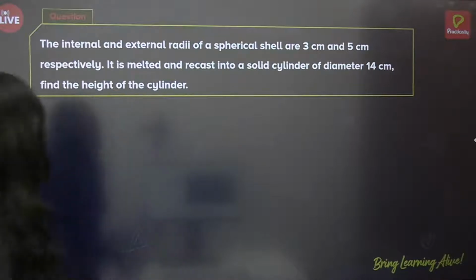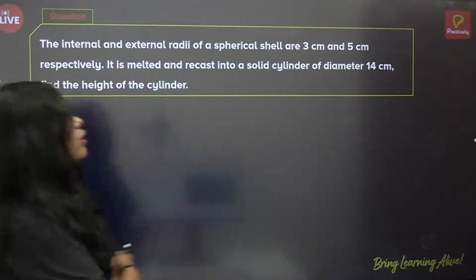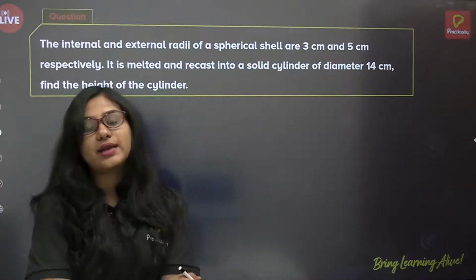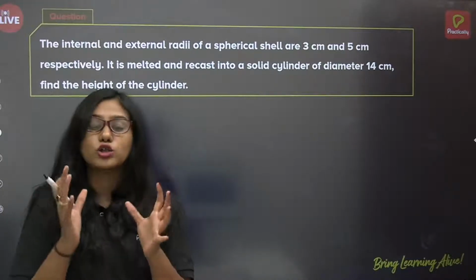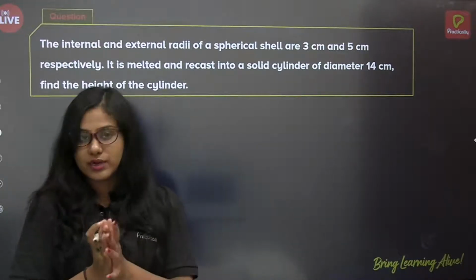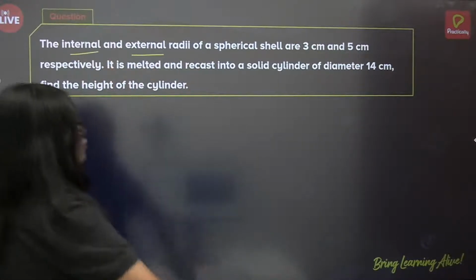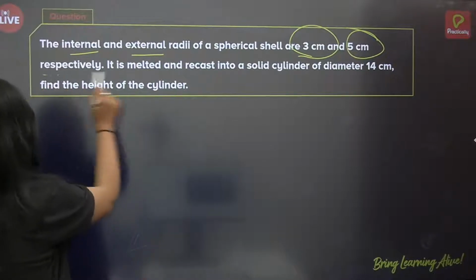Next, the internal and external radii of a spherical shell. Okay. Now, whenever internal and external radii are given, we have to again make sure how to find the volume, right? Let us see. The internal and external radii of a spherical shell are 3 centimeters and 5 centimeters respectively.